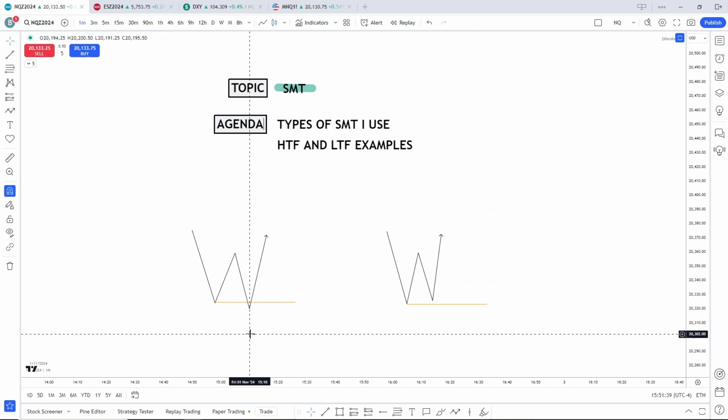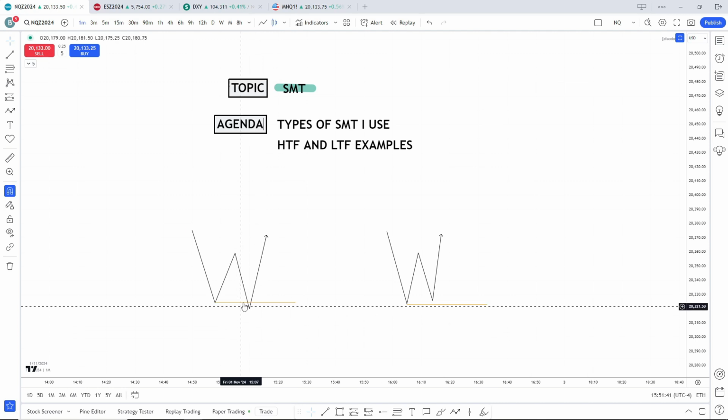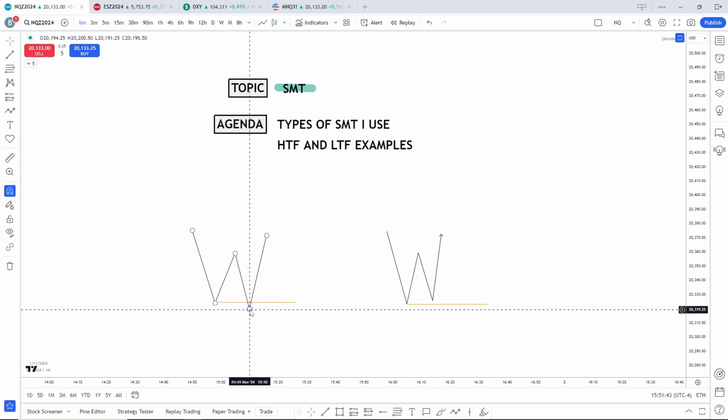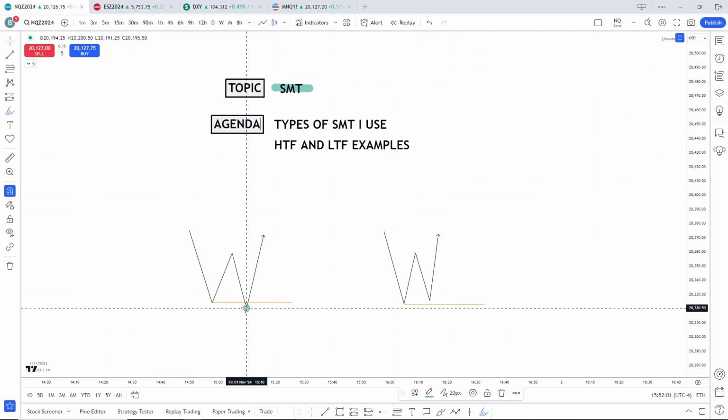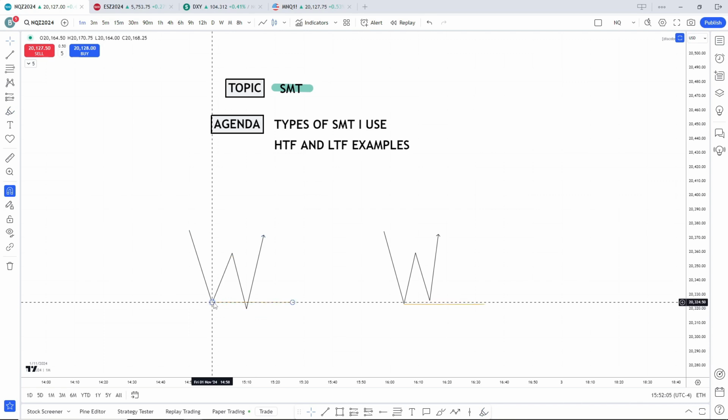I believe that seeing a divergence in correlation like this lets me know that there is smart money operating at this specific level, annotated by this orange line. This tells me that maybe we have smart money operating at this low to order pair with existing sell side liquidity, or sell stops.